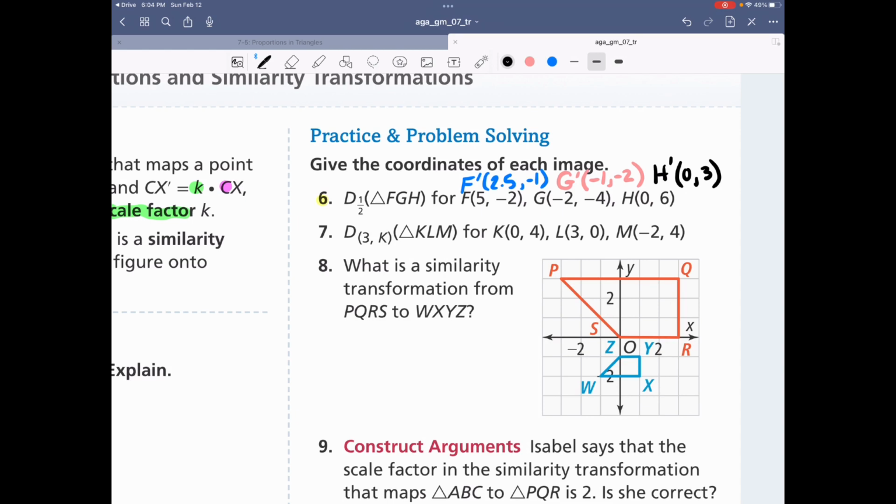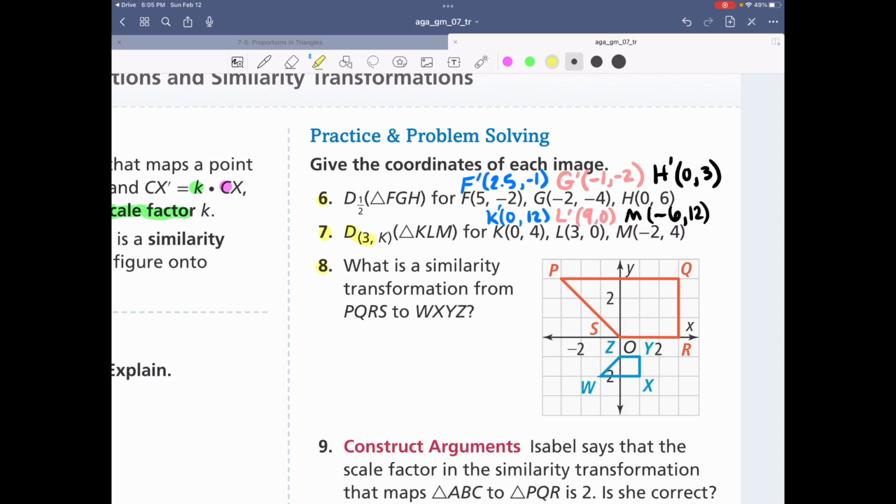So again, I'm not sure what they want us to do, but we're just going to ignore the k and go with d3, which means we will multiply each coordinate by 3. So k prime will be 0, 12. L prime will be 9, 0. And m prime will be negative 6 and 12, because we multiplied by 3.